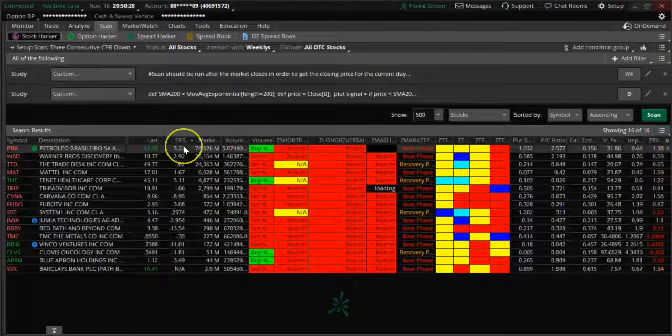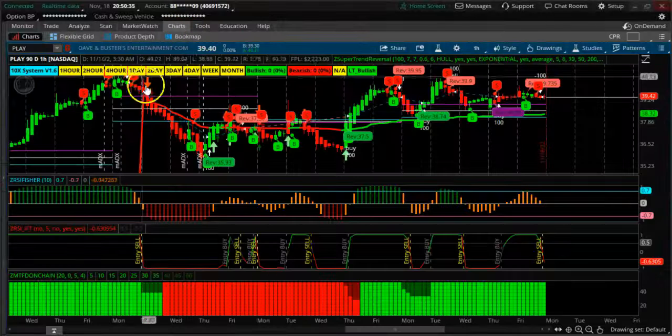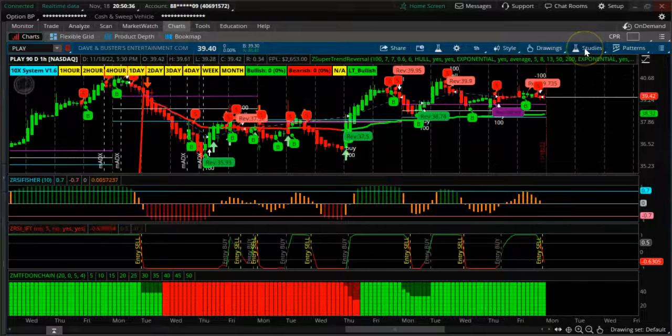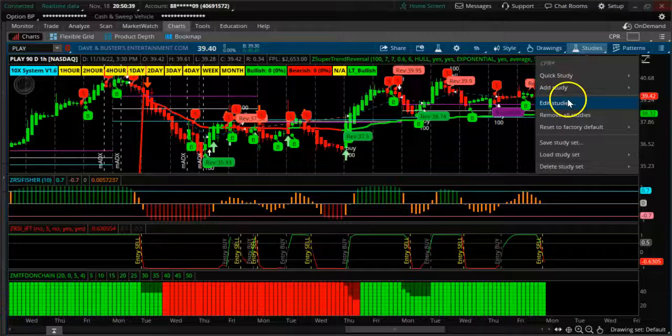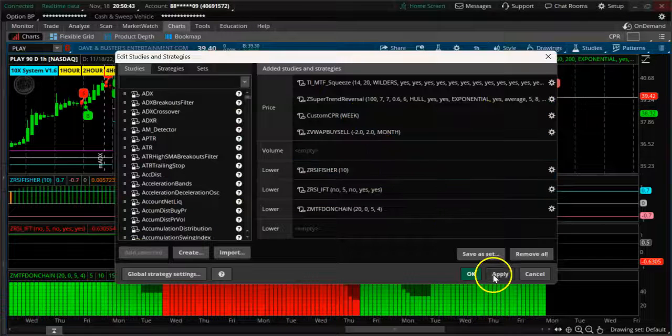Okay, PBR is the first one. So let's look at the PBR chart. So edit settings, weekly, right? Okay, so apply.